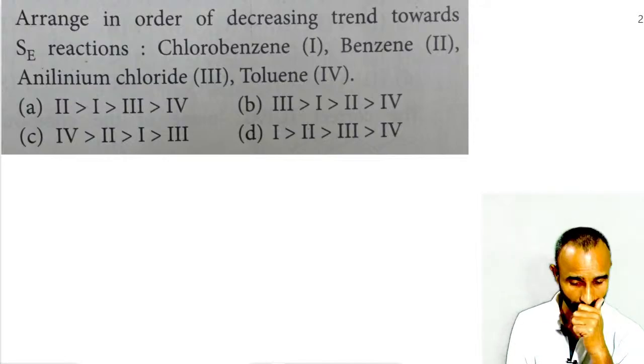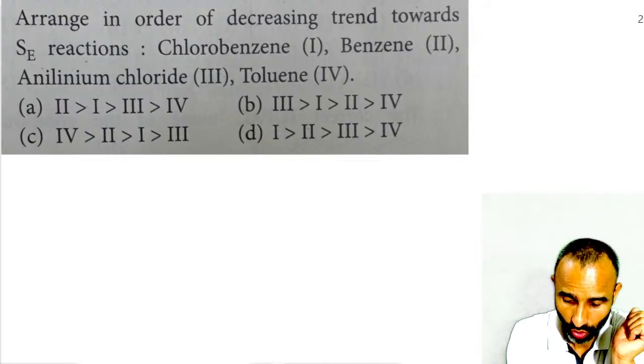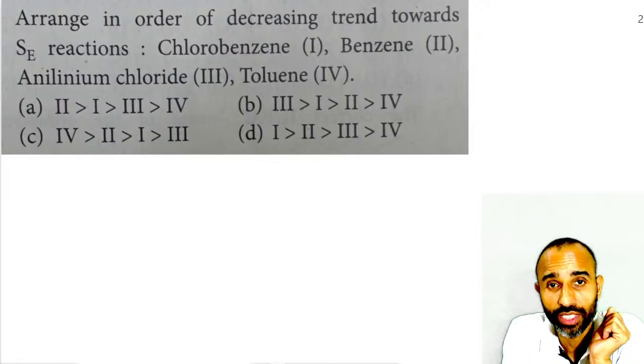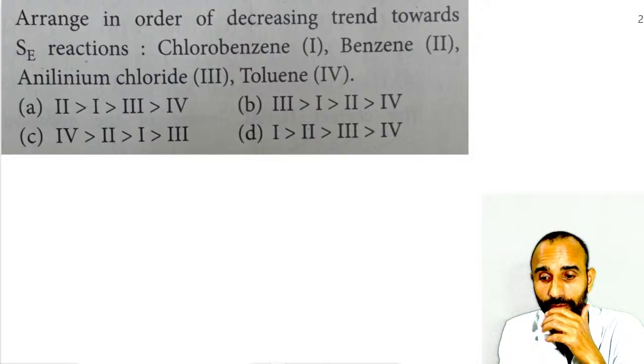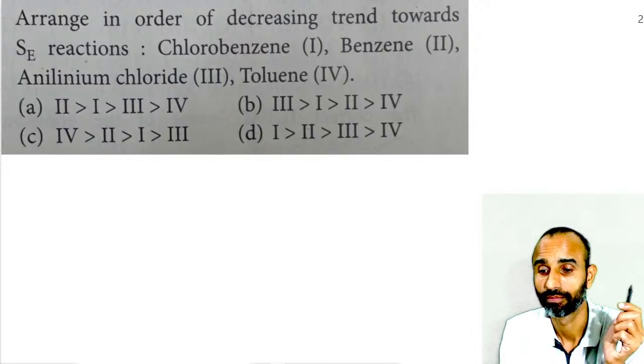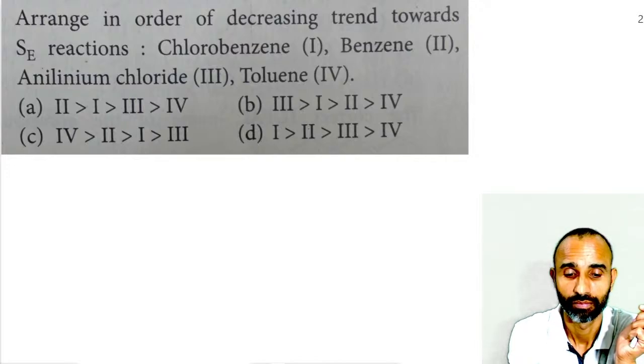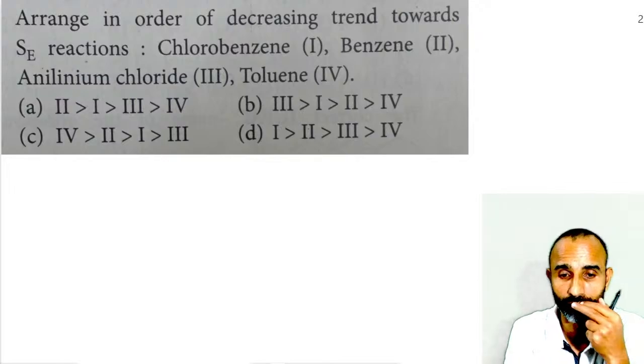Arrange in order of decreasing trend of electrophilic substitution reaction. Okay, sir. Aluminium chloride means, sir, benzene and NH3Cl on top of it.